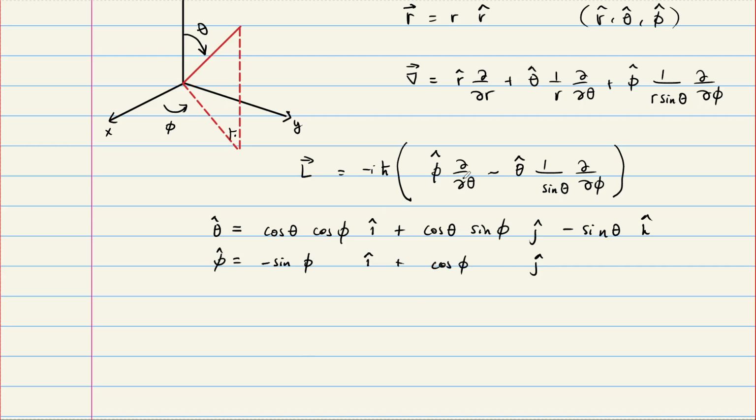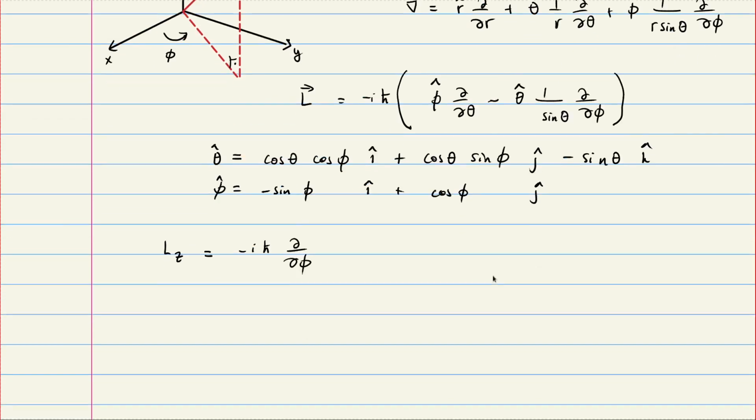And you can substitute this there, and for example, you can read each one, right? The most important one is Lz, because Lz is special. Let me just write that. This is minus i h bar del phi. By just reading the j, you can get this out.